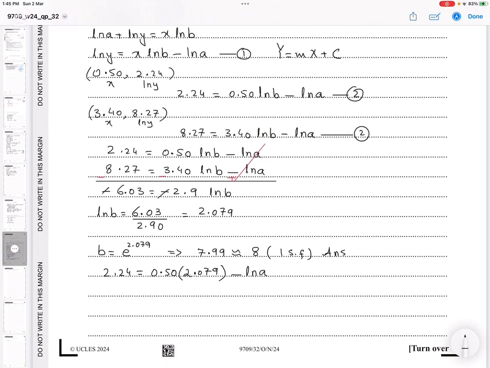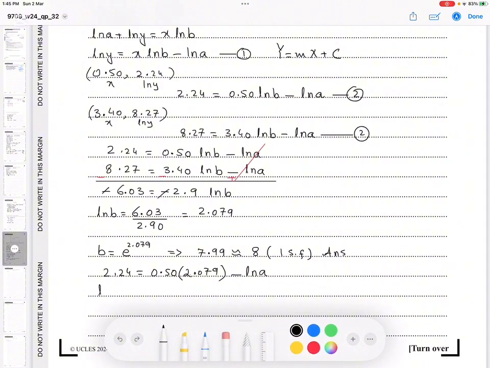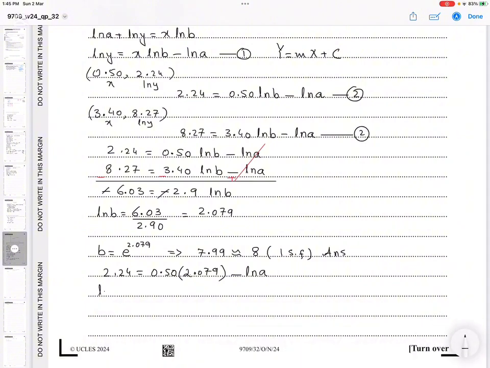Now from here you can find the value of a. So ln a becomes 0.50 times 2.079 minus 0.24.